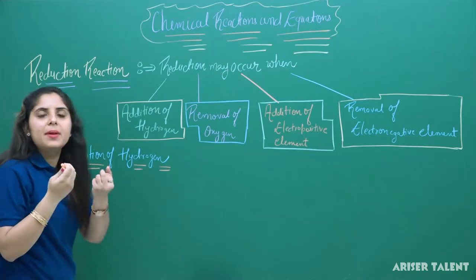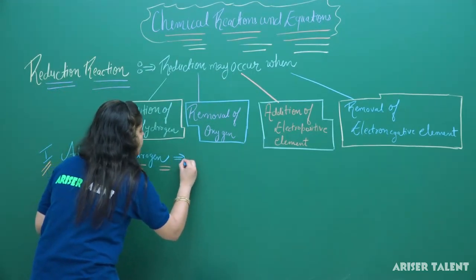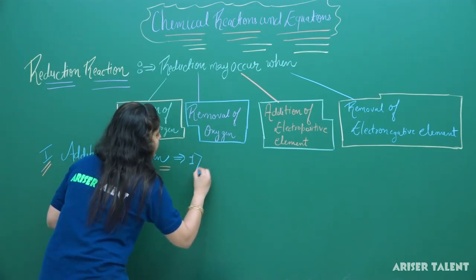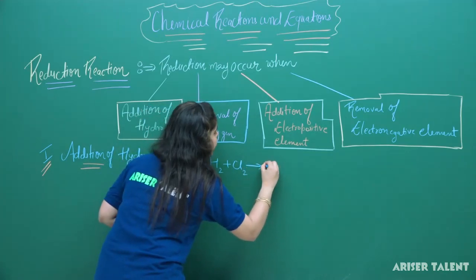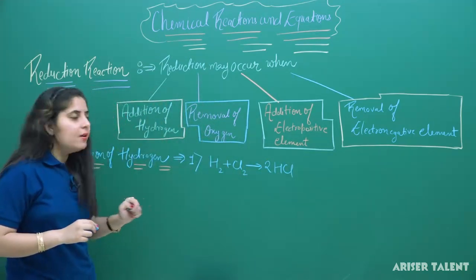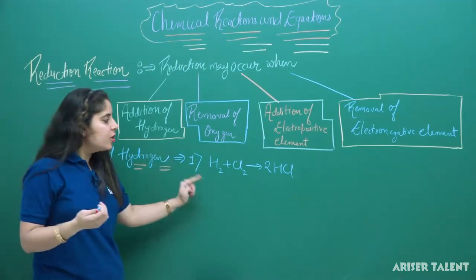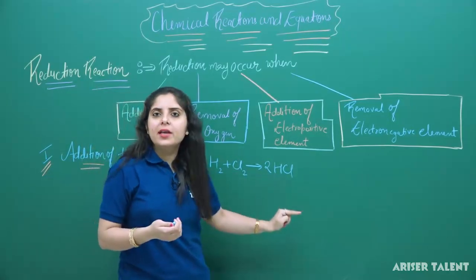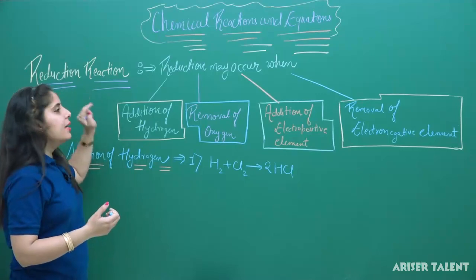We can consider many cases of the addition of hydrogen. Our first example, H2 plus Cl2 gives 2HCl. Look here, in Cl2, H2 is added. It means hydrogen is added to give hydrochloric acid. So the addition of hydrogen is termed as reduction.